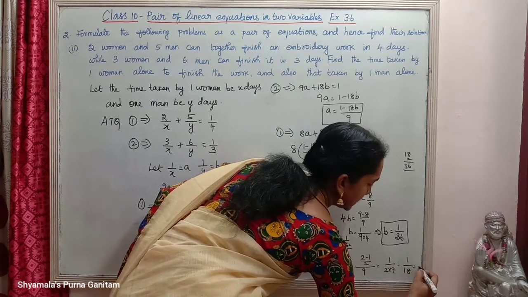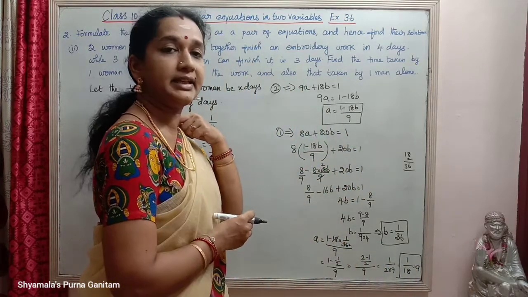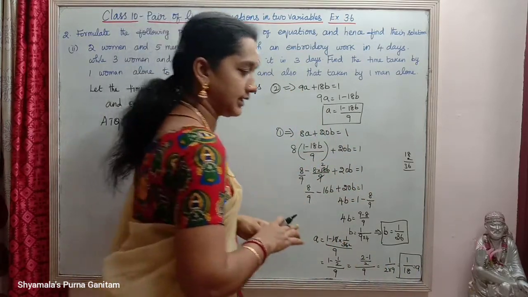This is the a value. So I got the a value as 1 by 18 and the b value as 1 by 36.